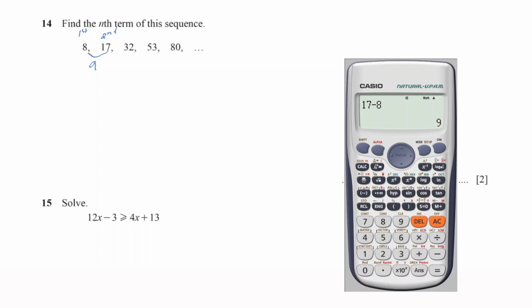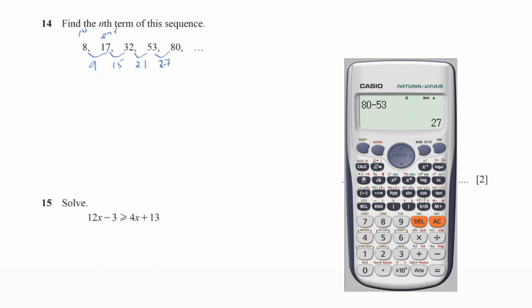The next is 32 minus 17, that gives you 15. Then 53 minus 32 gives you 21. And 80 minus 53 gives you 27.